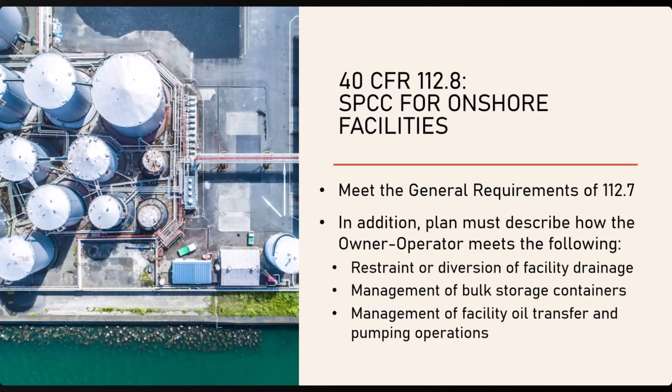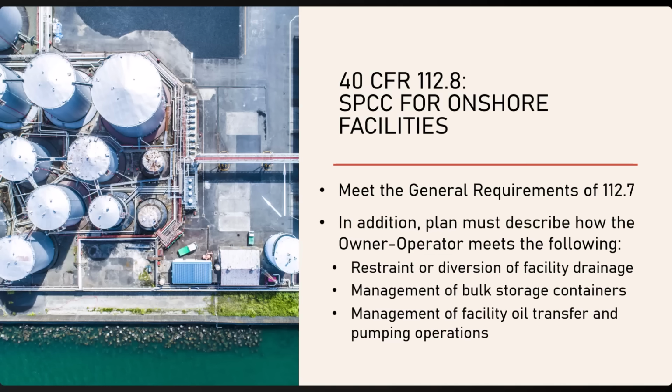In addition, the plan must describe the measures used to control facility drainage with the potential to cause a harmful oil discharge. This includes the means of controlling drainage from diked areas around tanks and the means for controlling drainage from undiked areas, such as oil piping that is located outside a containment area.